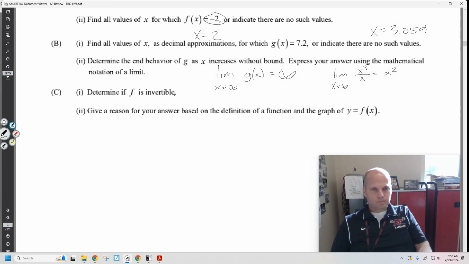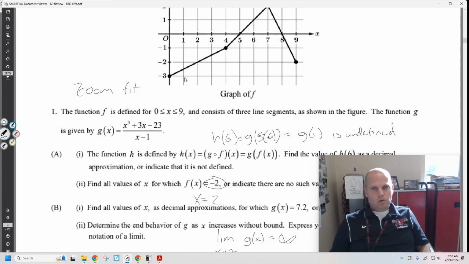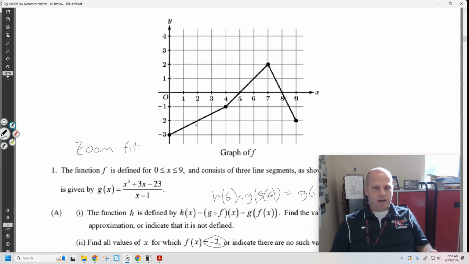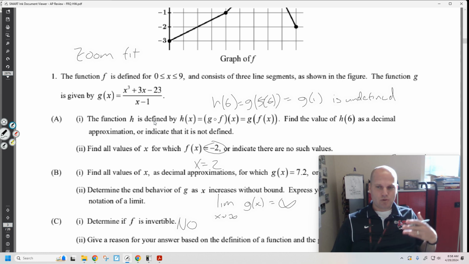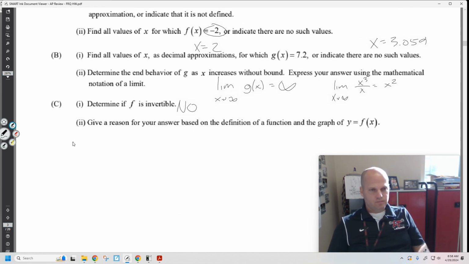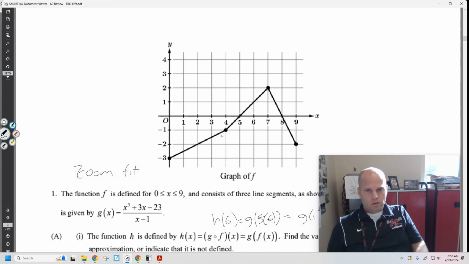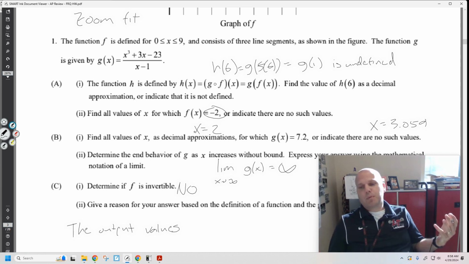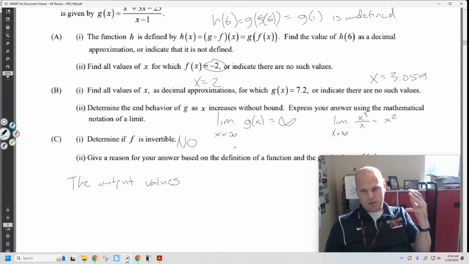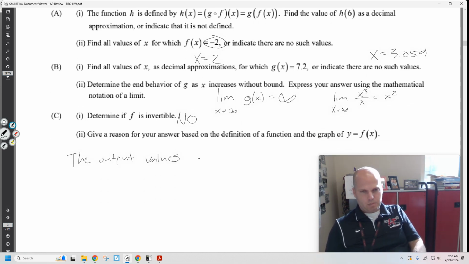And you could be more specific. The output values, y's between -2 and 2, are not mapped by unique input values. Or you could just do one example, like you could use -2. And you could say the output value -2 is not mapped by a unique input value. But I'm going to be a little bit more specific.